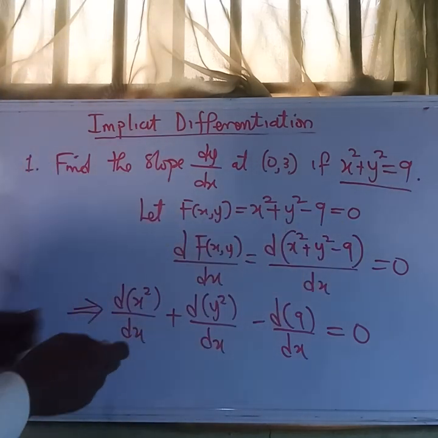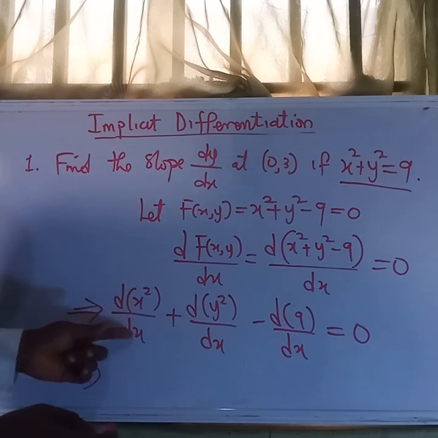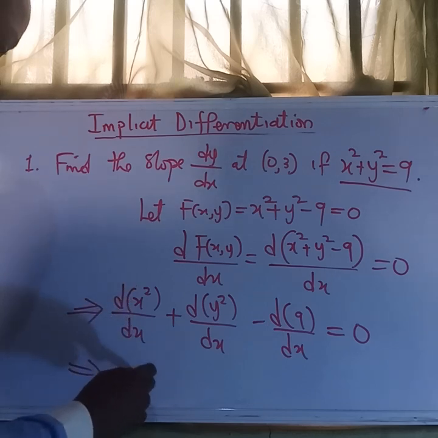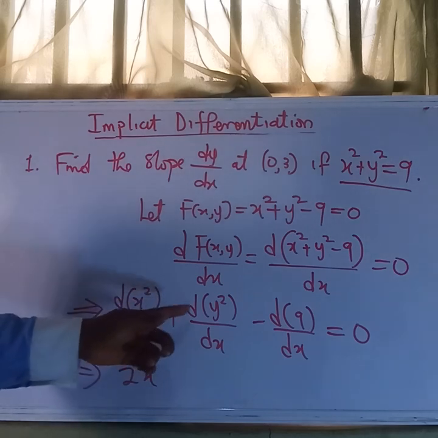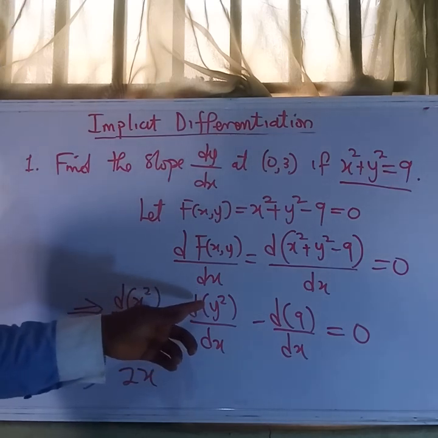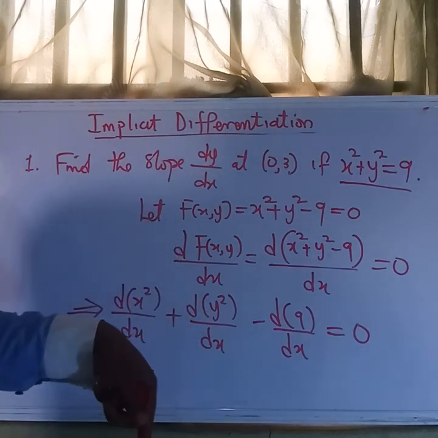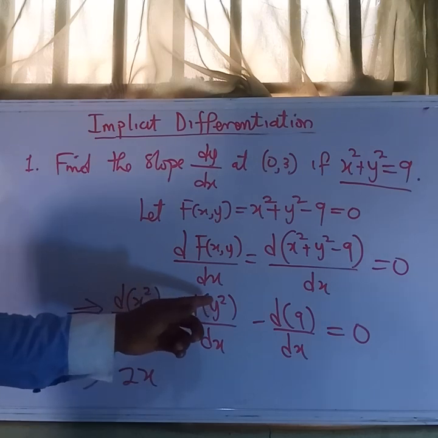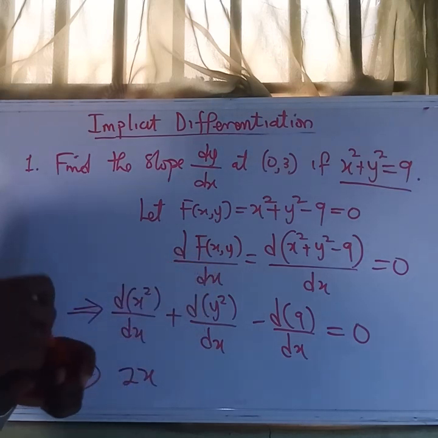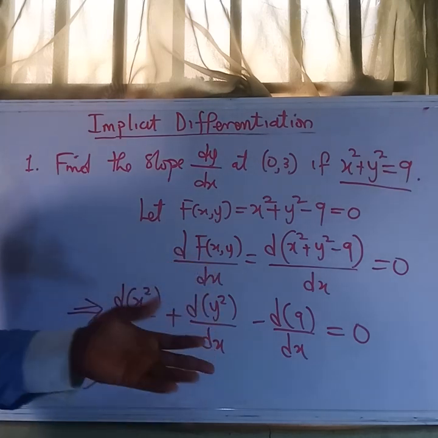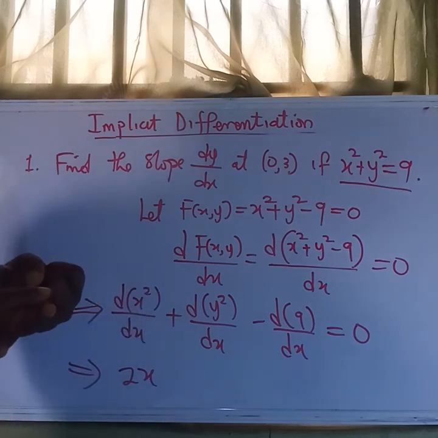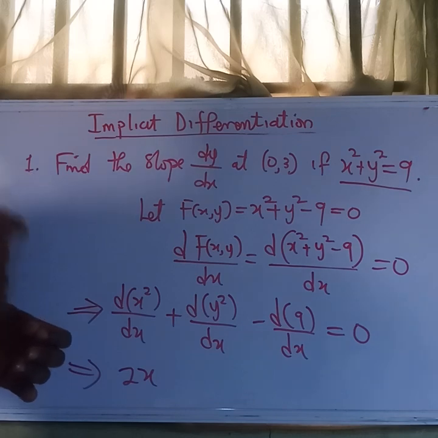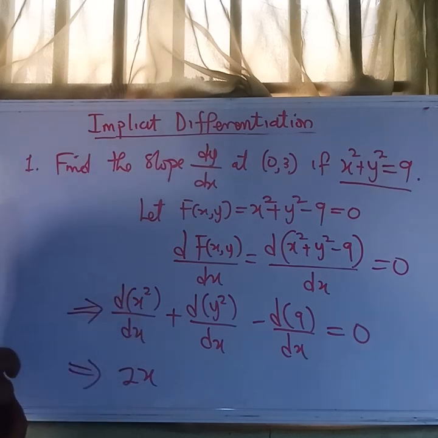So here we differentiate x squared with respect to x, and that is 2x. And you will also see that this y is a function of x, and it is also carrying a power of 2. So in order to differentiate this, we will apply what we call the chain rule and the power rule, just like we discussed in the previous video.